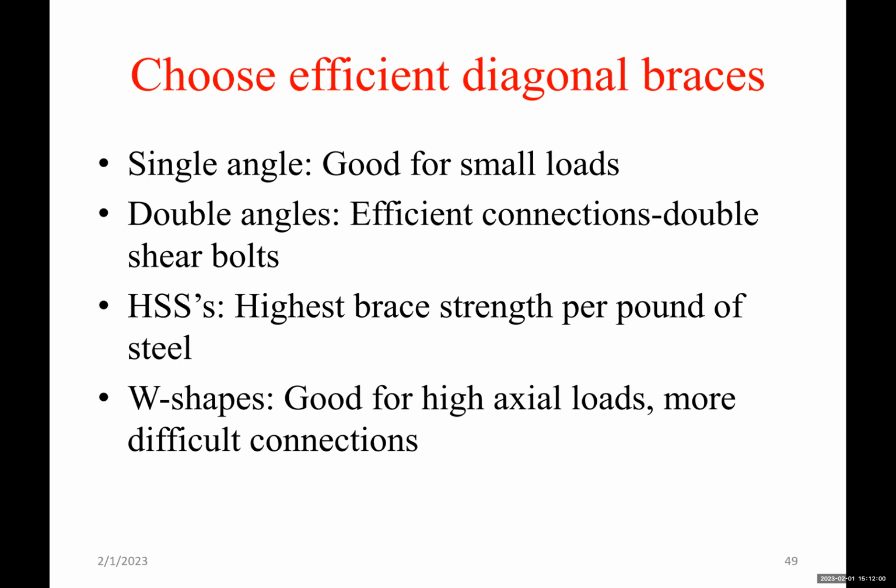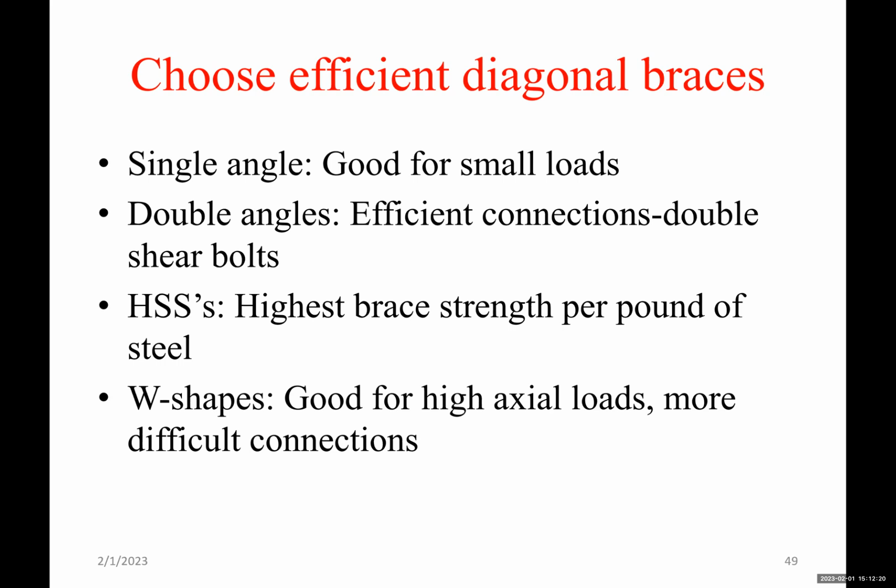They are efficient members and are used a lot, especially for seismic applications and also for other applications with higher loads that are probably not handled by double angles or single angles.